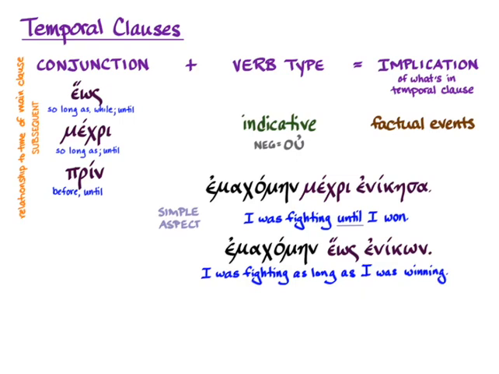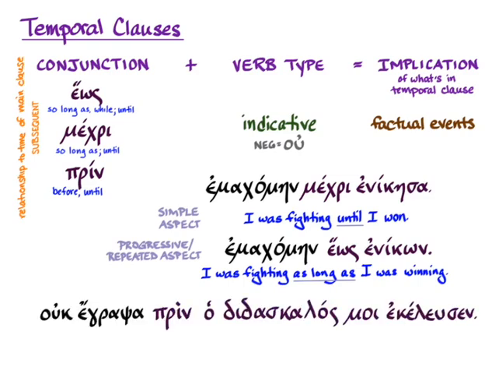Until is how you're going to translate it if you have the choice, which you do with mekri and heos, if the verb of the temporal clause is simple aspect and enikesa is aorist. But if it is progressive repeated aspect and enikon there in the imperfect, then as long as makes sense. And that's the way you tell the difference there and gives you a nice way to choose.